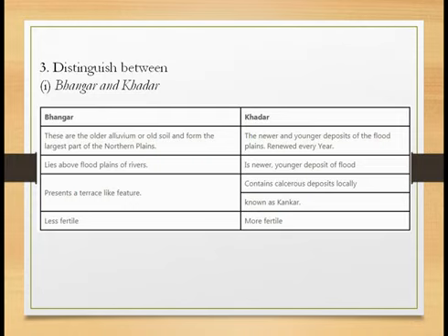Khadar is a new and younger deposit of flood. Bangar presents a terrace-like feature. Khadar contains calcareous deposits, locally called kankar. Bangar is less fertile. Khadar is more fertile. So these are the distinguishing points between Khadar and Bangar.